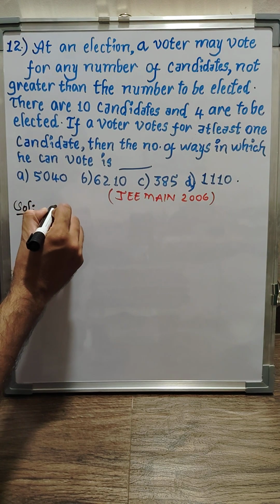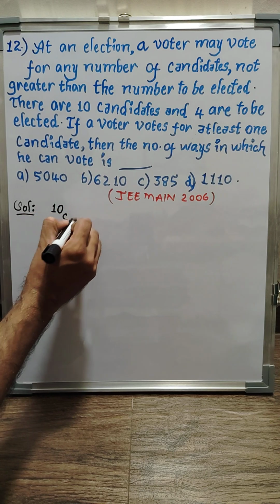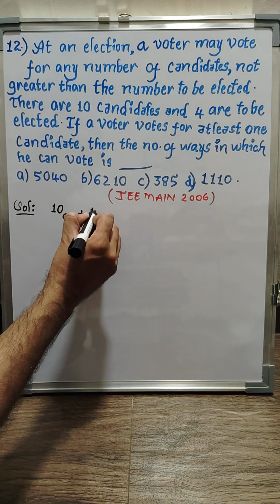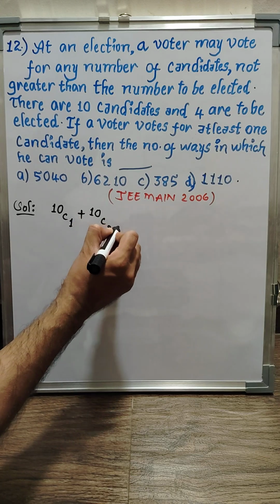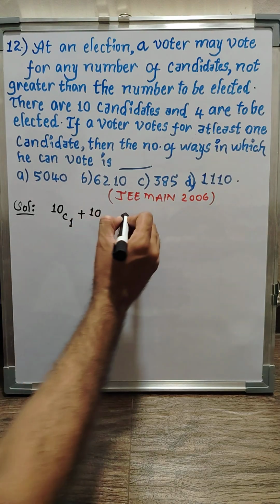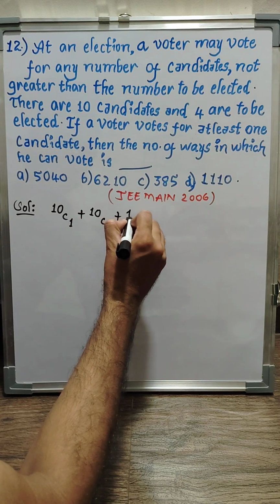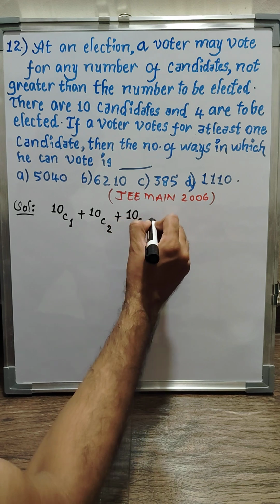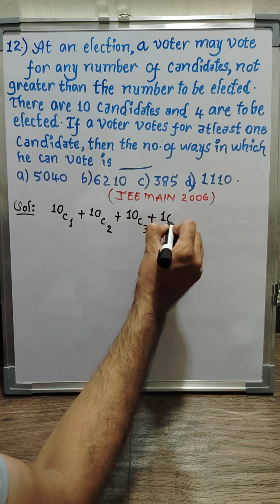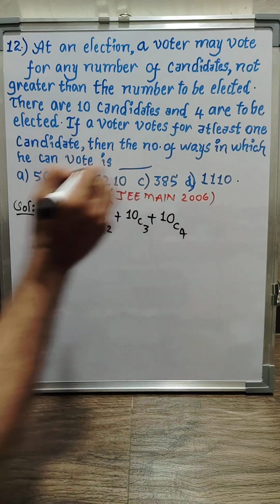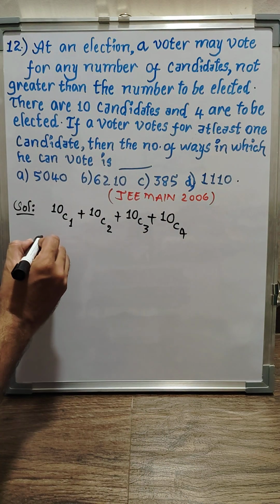So the number of ways in which he can vote will be the number of ways to vote for one candidate, plus the number of ways to vote for 2 candidates, plus the number of ways to vote for 3 candidates, plus the number of ways to vote for all 4 candidates.